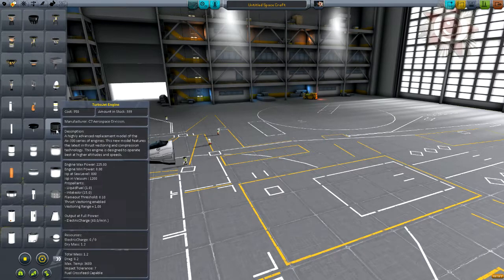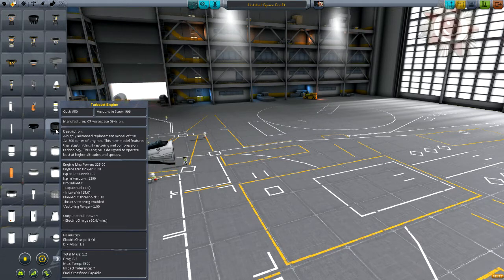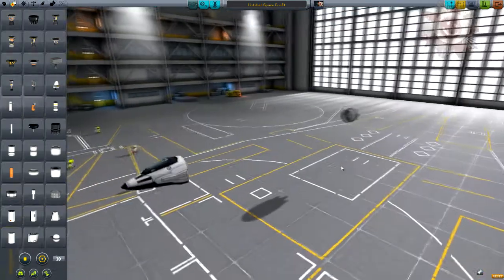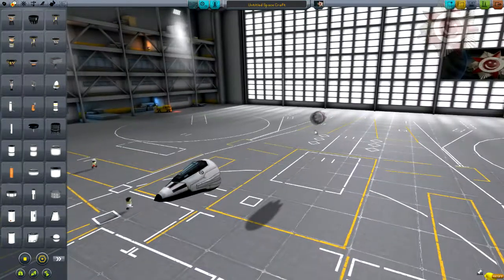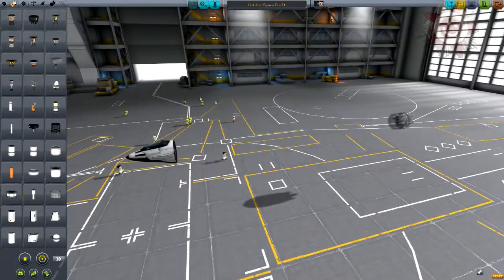We'll be using the turbojet engine to get us high in the atmosphere and maybe even get out of the atmosphere, and we'll see how that goes, but this is the one you want to be using for space planes.